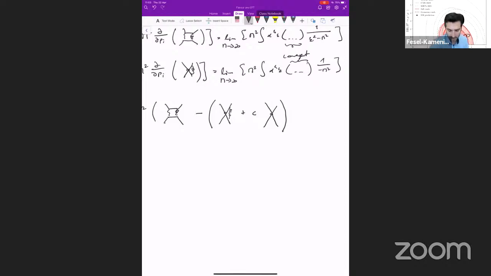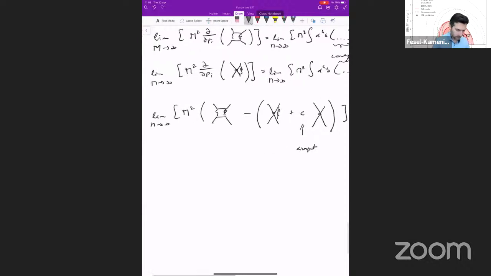So if we shift by a divergent constant, we basically just shift by a tree amplitude, okay? The important thing is that this constant is divergent, but does not depend on momentum, okay? And this is 0, okay?